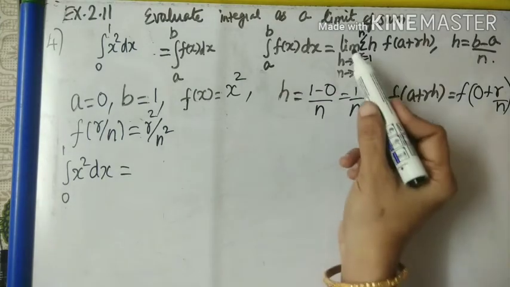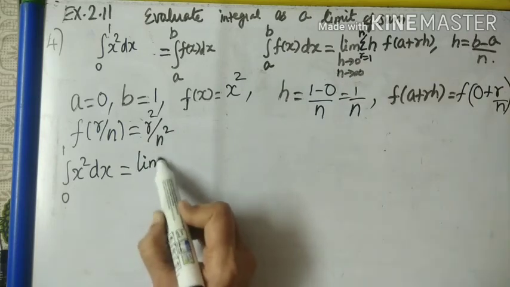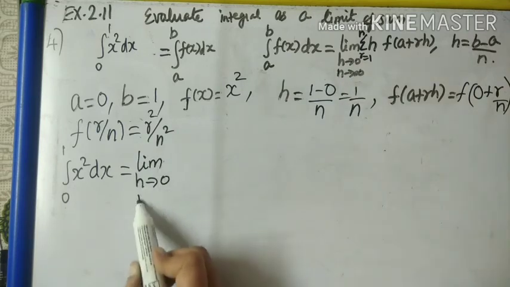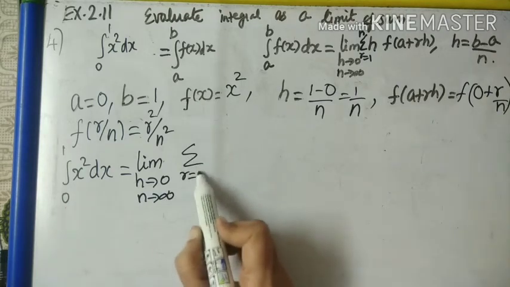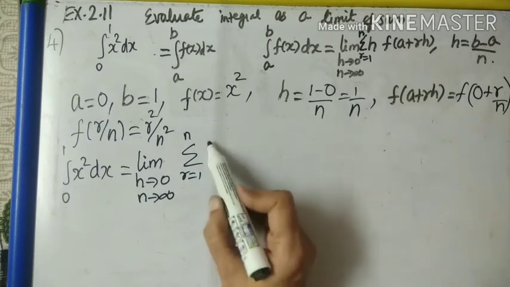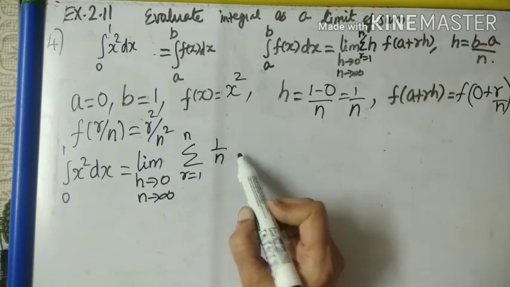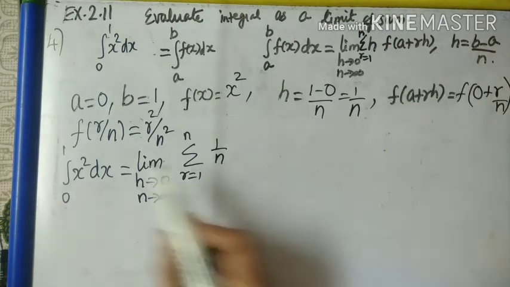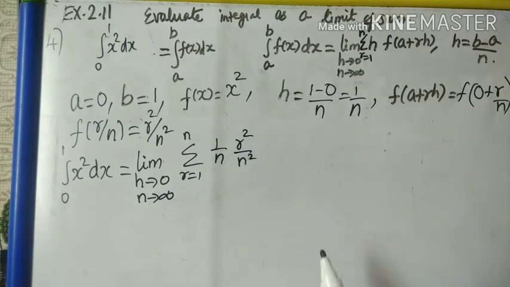This becomes, write the formula, limit h tends to 0, n tends to infinity, sigma r ranges from 1 to n, h into, what is h actually? 1 by n. f of a plus rh, my answer is r square by n square.